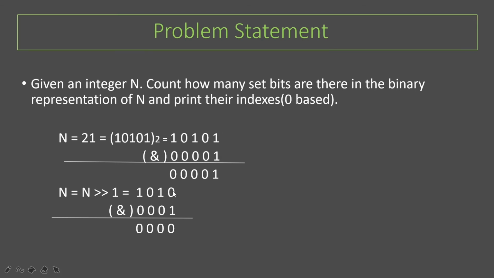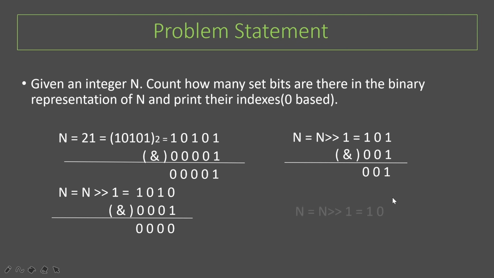In the same way, we don't need this index anymore, so we will remove it. For that we will right shift again. Then the remaining bits will be 101. Then again we will do an AND operation with 1. The AND operation will give me 1, so it means that the bit in this index is set.